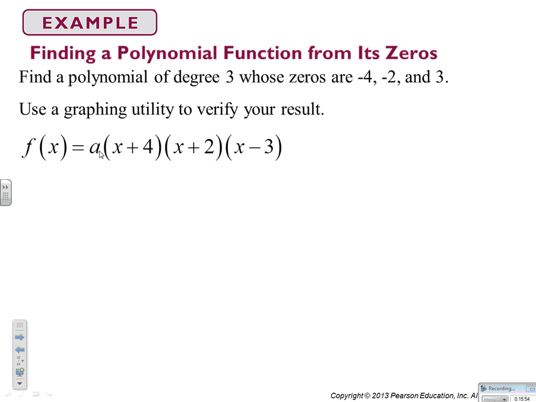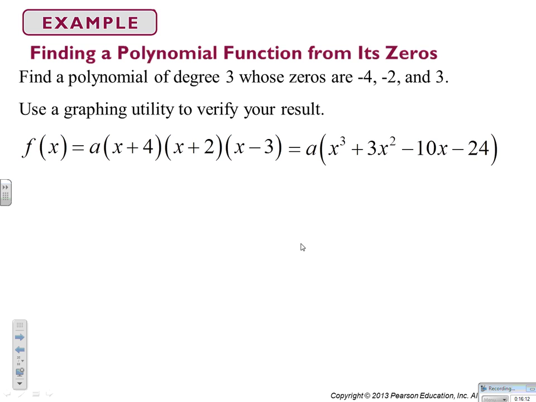We don't know what our coefficient out in the front is going to be, so we have to leave it as a. You multiply all those out and you get x to the third plus 3x squared minus 10x minus 24.